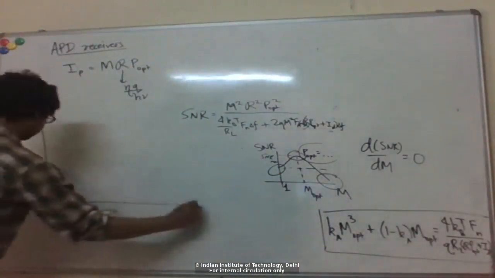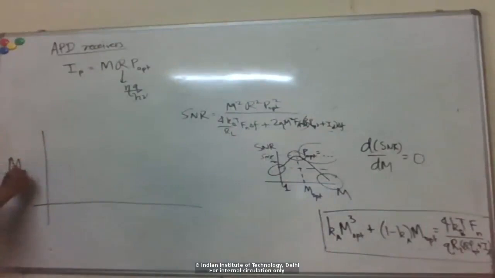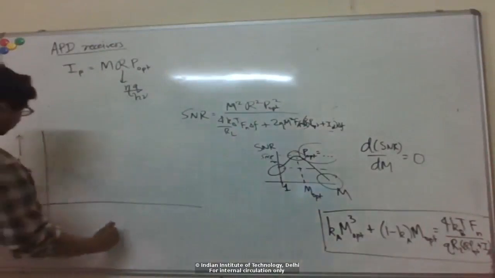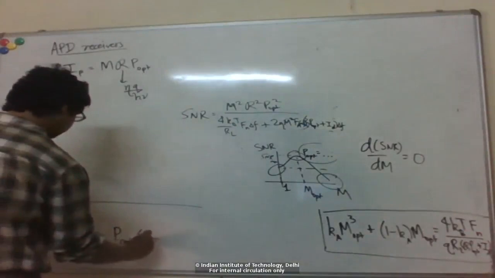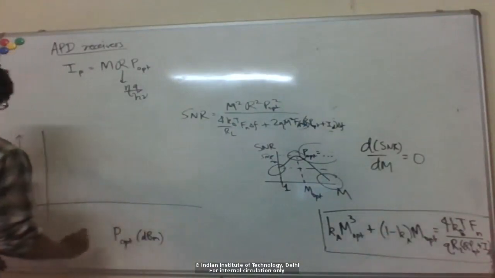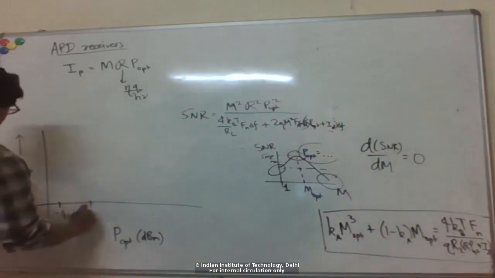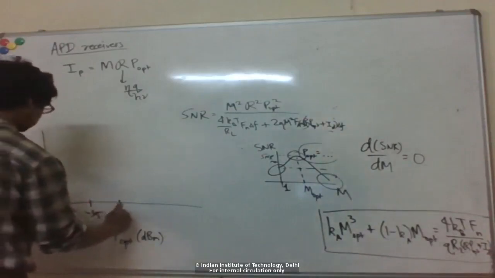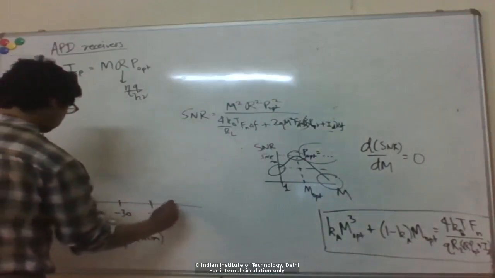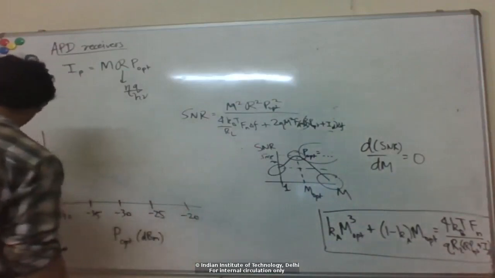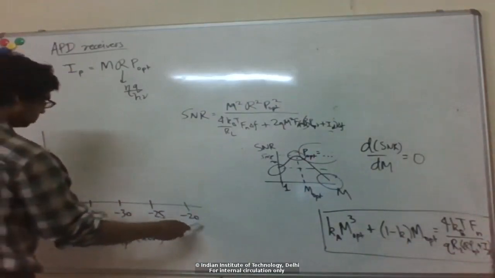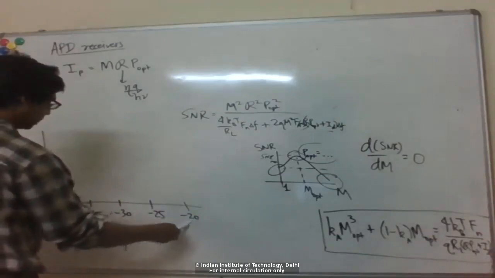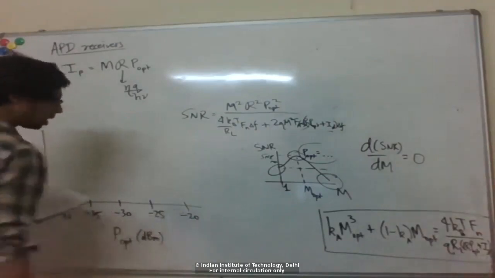So if we plot, for example, this optimum gain of the APD versus the received optical power in dBm. Okay, so minus 20 dBm is 10 microwatt.